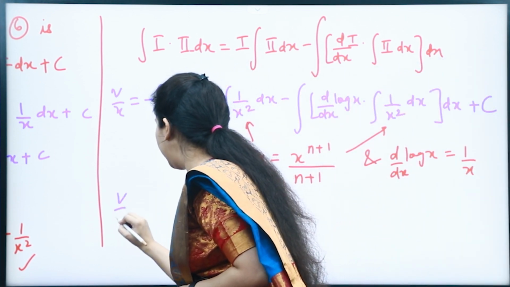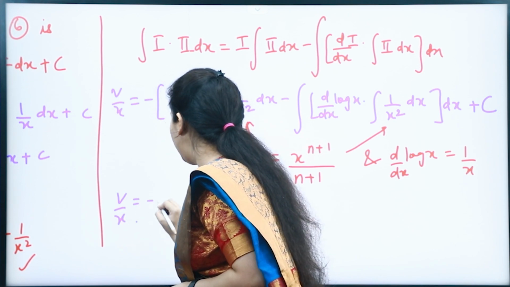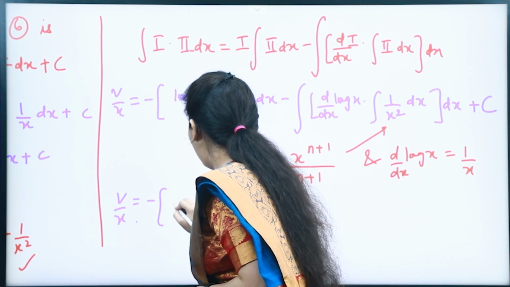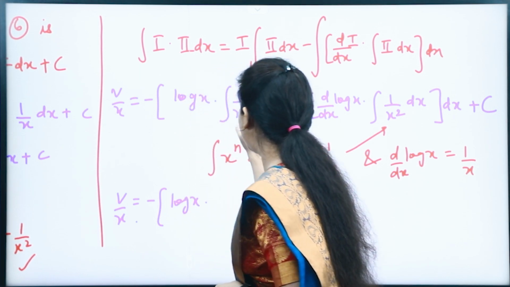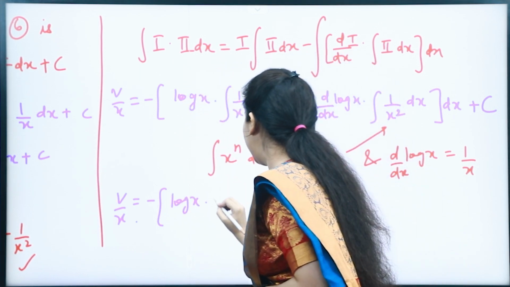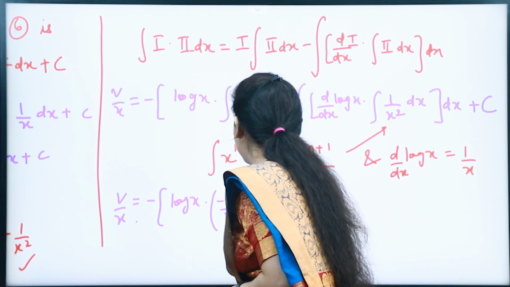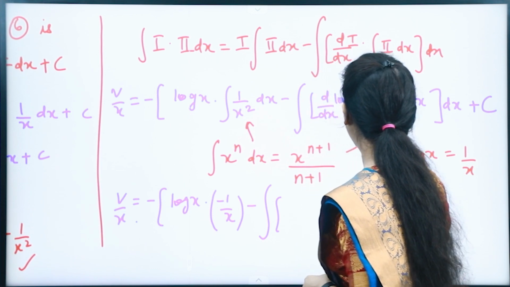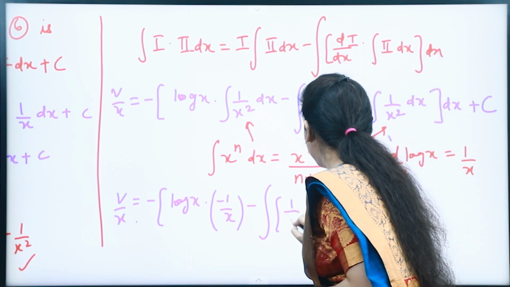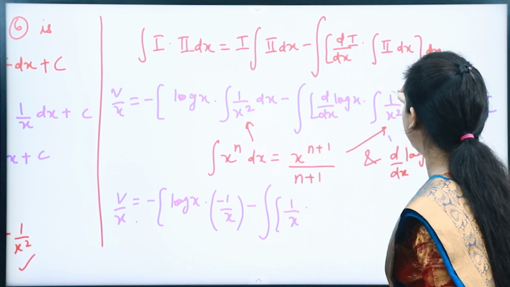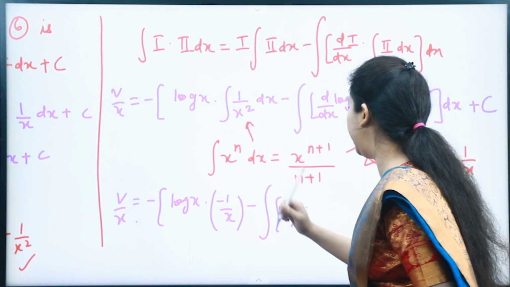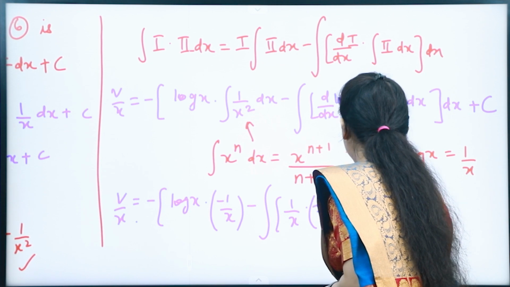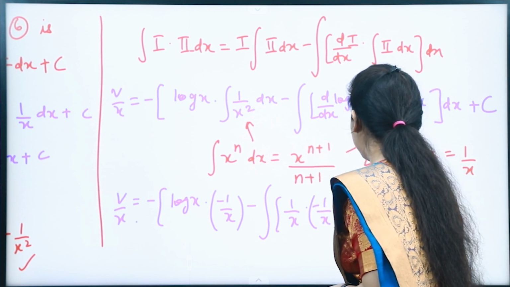So the left hand side will remain as it is, v by x is equal to, we are having a negative sign, minus of log x, and integration with the help of this formula will give us minus 1 upon x, minus the whole integration of the differentiation of log x, which is 1 by x, multiplied by the integration of 1 upon x square, which with the help of the power rule is given by minus 1 by x plus c, dx plus c.